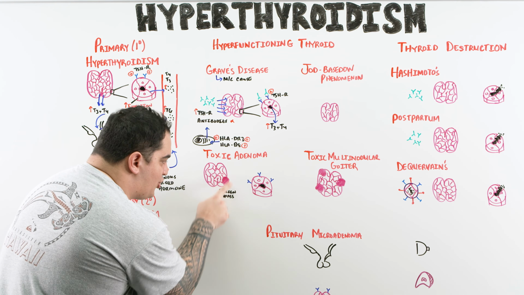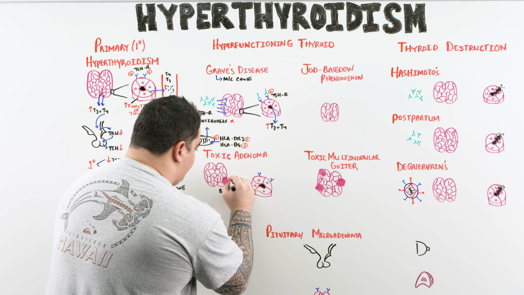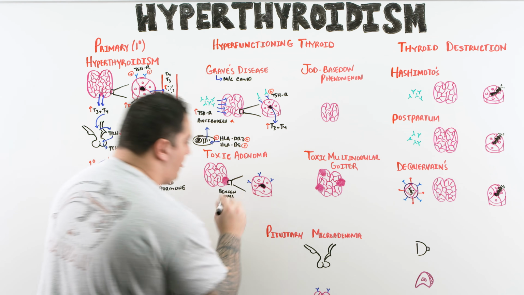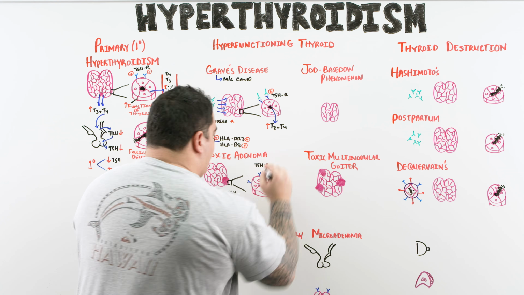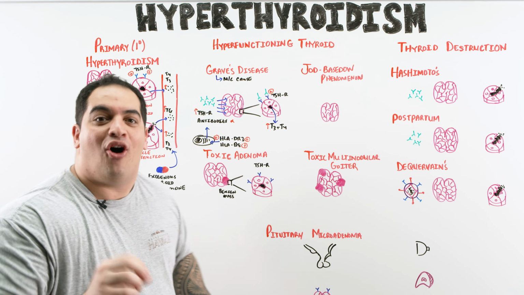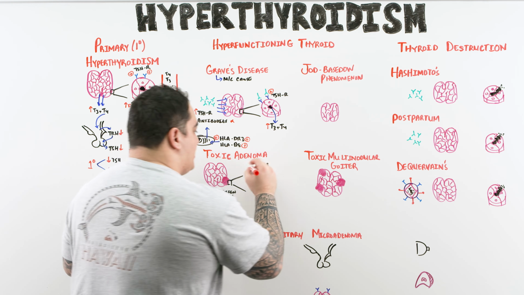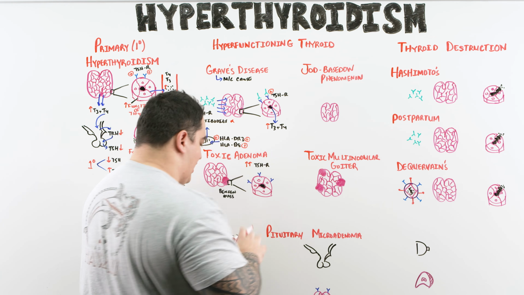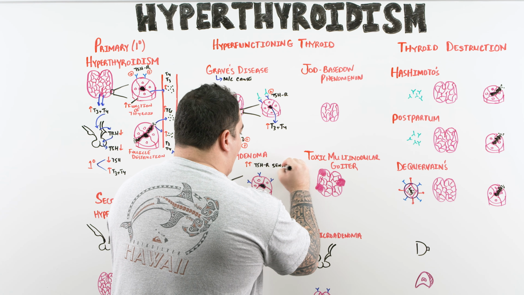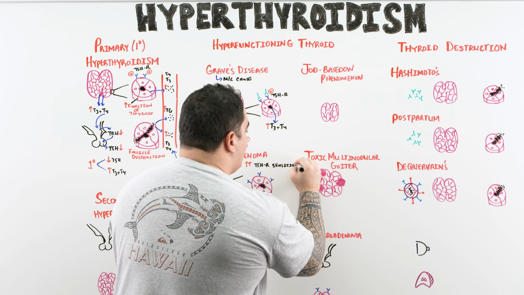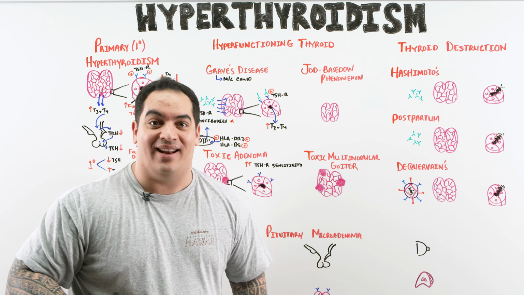This little chunk of follicular tissue, if we were to zoom in on it and look at it, has TSH receptors that are becoming auto-activated. They're super sensitive, so there is increased TSH receptor sensitivity. Because of that, as TSH is present, it will cause these receptors to become crazy activated.